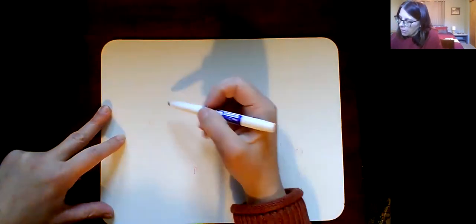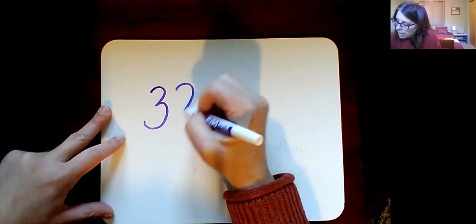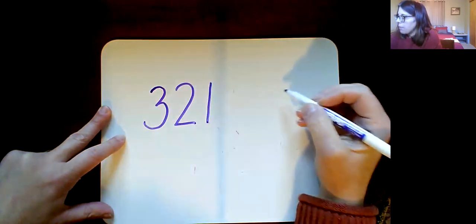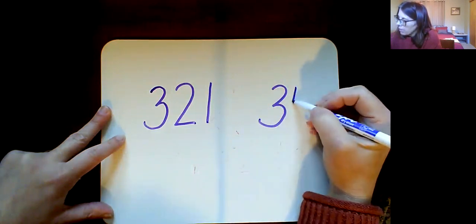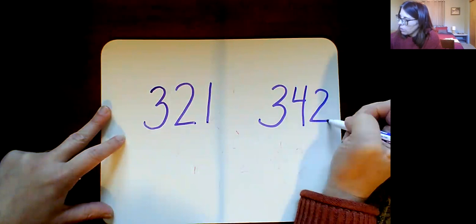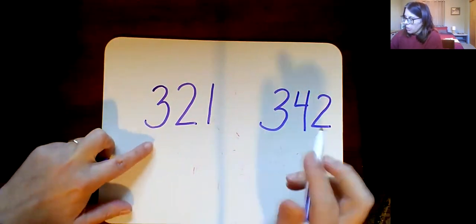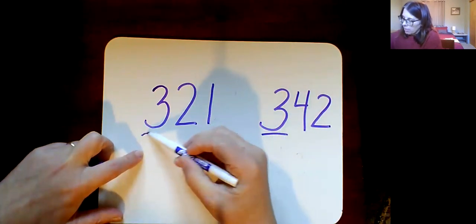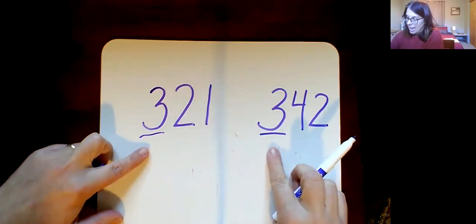Now let's look at a problem. Let's look at some of the ones in the hundreds. So say we had 321, and then we had 342. They're both in the hundreds, so we'll look at the hundreds to start with. They both have a 3, so they both have 300. That's the same.